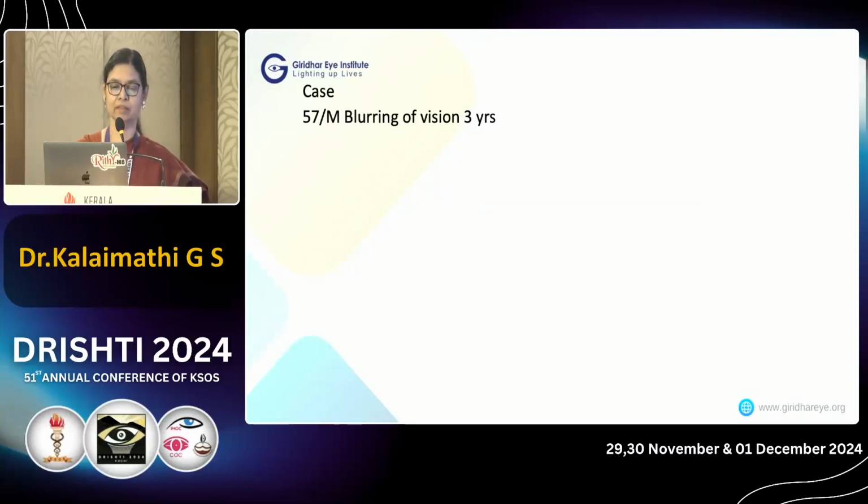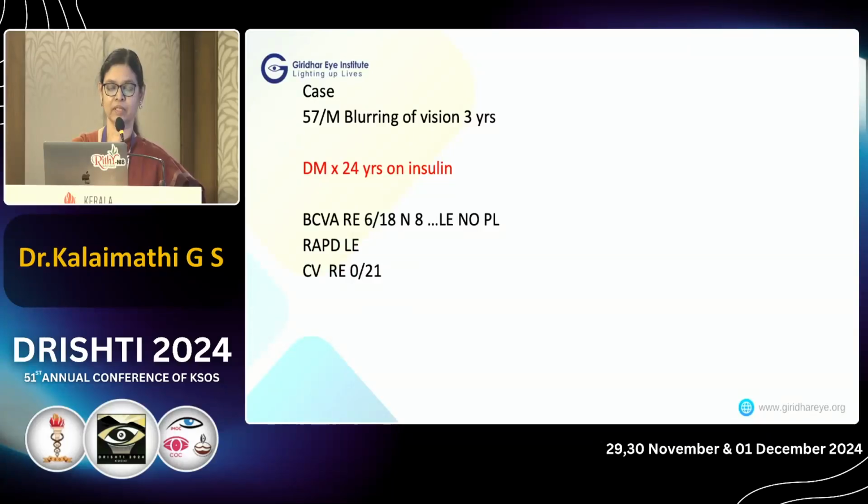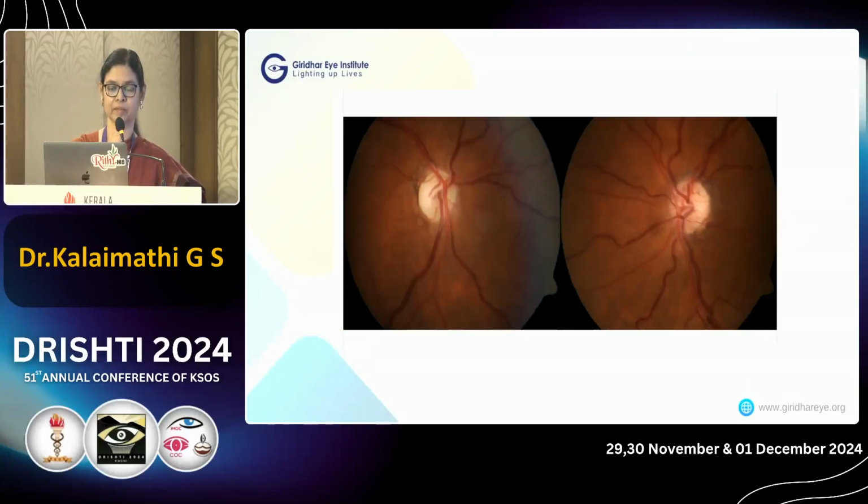Coming to the cases: a 57-year-old male came with history of blurring of vision, 3 years duration. Vision right eye 6/18 and left eye no PL, RAPD left eye, color vision right eye defective. This is both eye optic atrophy.